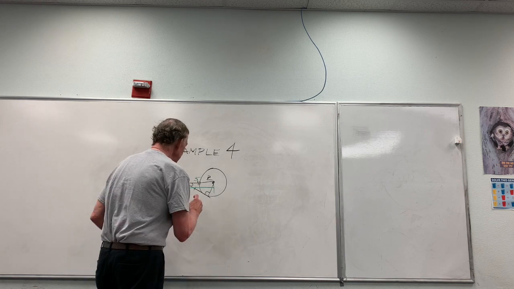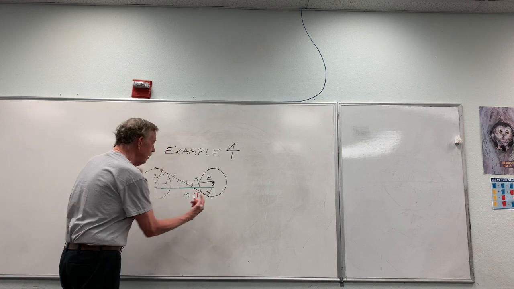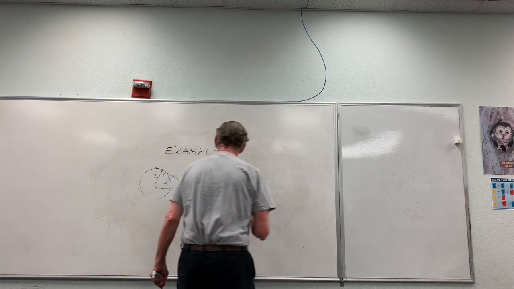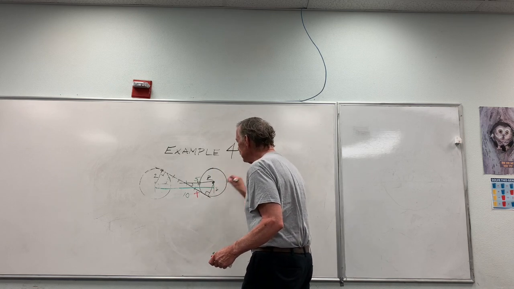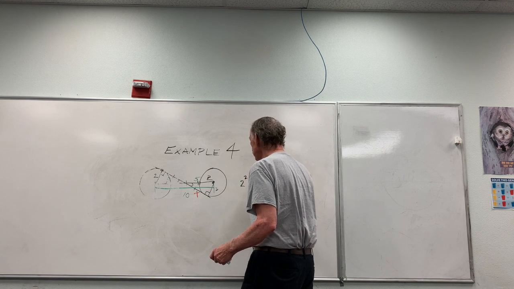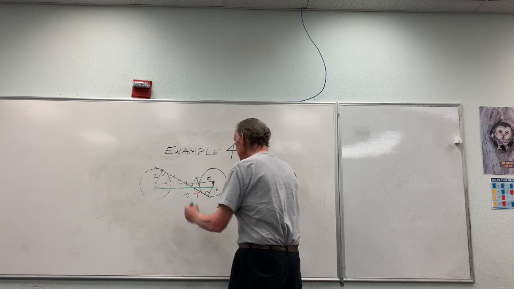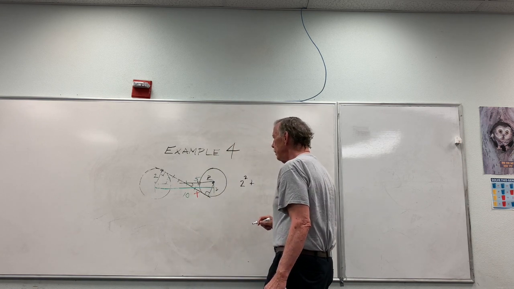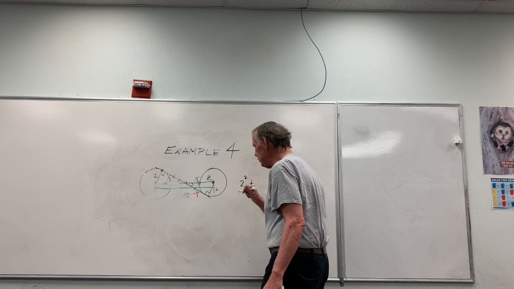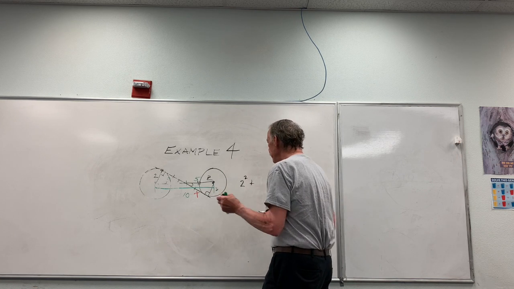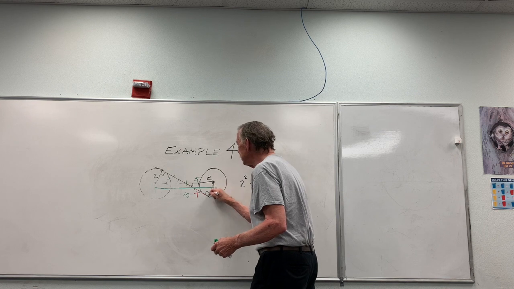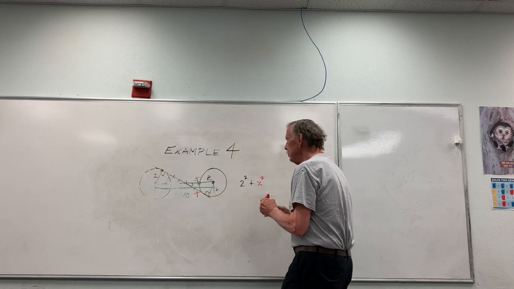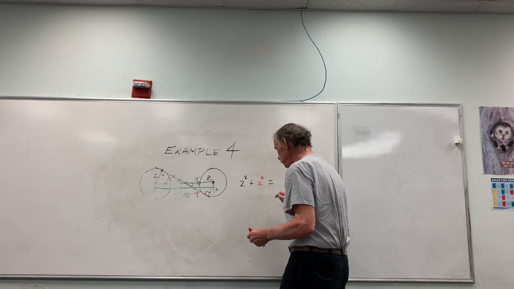So if we call this half of the length of the tangent x, then the relation is 2 squared, because this piece is 2, plus x squared, those are the legs right there, equals 5 squared.